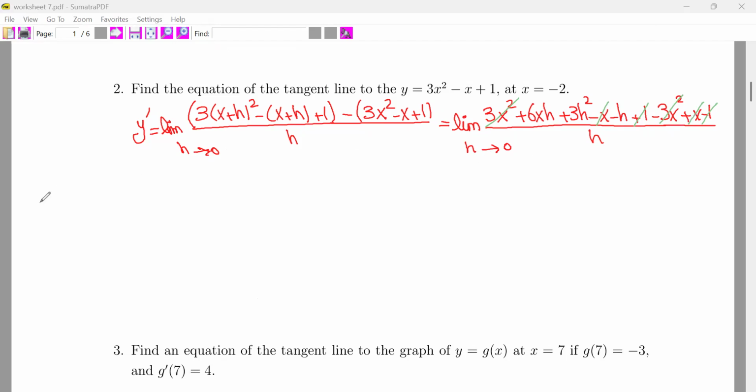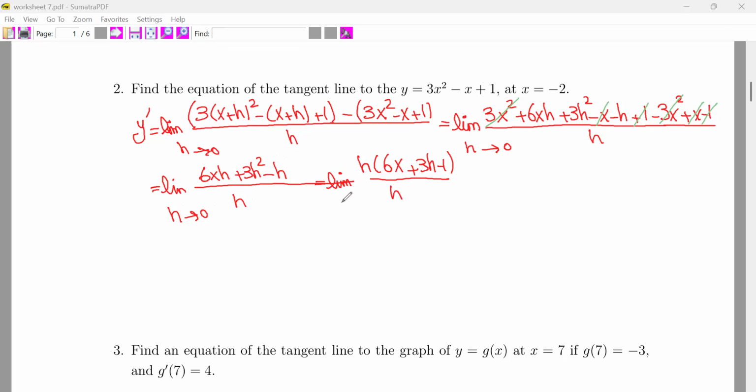So we are left with the limit of 6xh plus 3h squared minus h over h when h is approaching 0. We can factor out h here, and we are left with 6x plus 3h minus 1 over h when h is approaching 0.